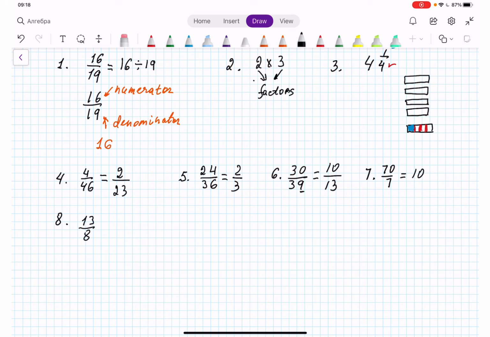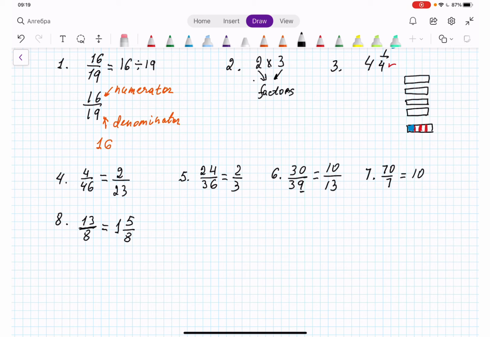We need to convert into mixed numbers. Remember I said the fraction line is a division line, meaning division. Let's do it. 13 divided by 8. How many times is it going to be? One time, right? 8. And then the remainder is going to be how much? 13 minus 8. It's going to be 5. And the denominator always stays the same.